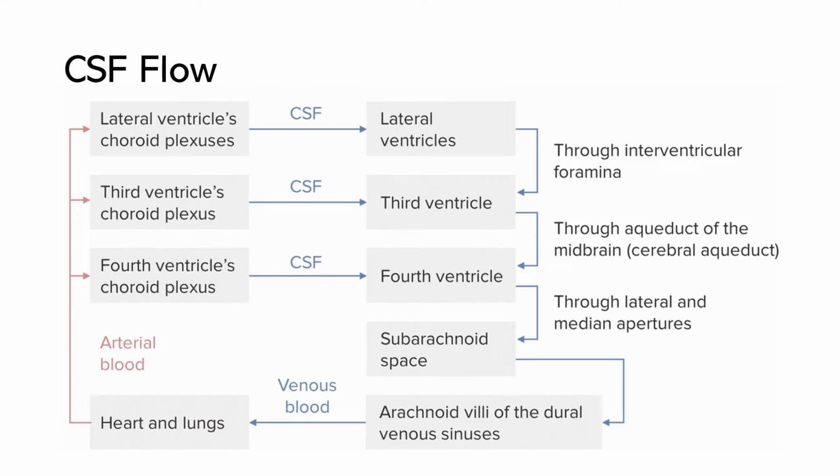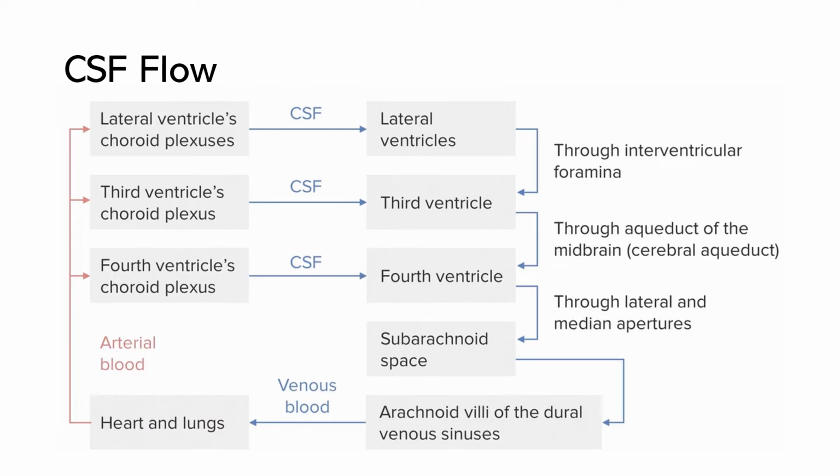After leaving the fourth ventricle, the cerebrospinal fluid is now going to move into the subarachnoid space of both the brain and the spinal cord. This happens through holes known as the lateral and median apertures. After this, the arachnoid villi of our dural venous sinuses are going to reabsorb the cerebrospinal fluid.